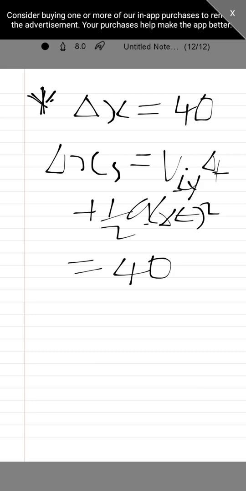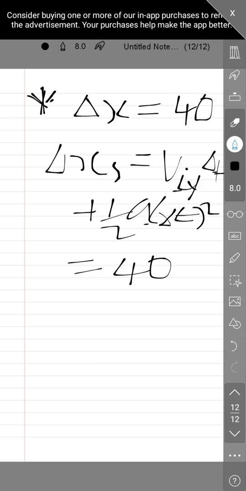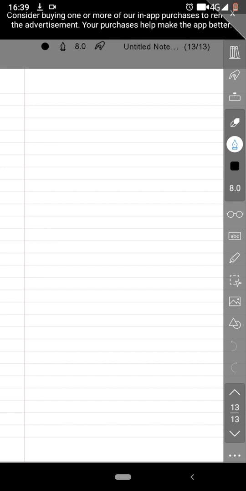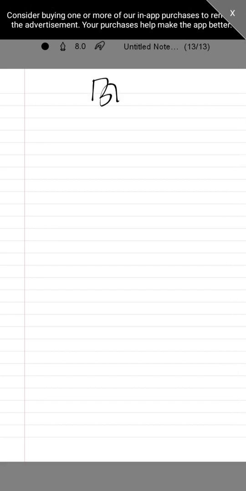So let's go now to the other. Let's go to the graph for the black rocket.